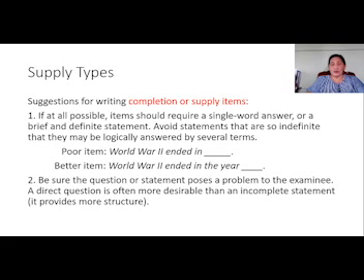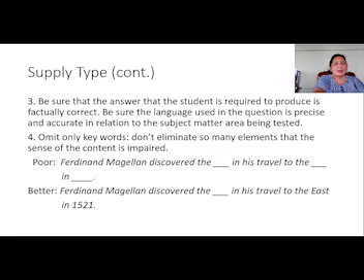So, a direct question like who, where, when, the W questions, that requires, of course, a single answer, would be better than the filling of the blanks. Other test makers would call this identification. Okay, let's go to the third one.